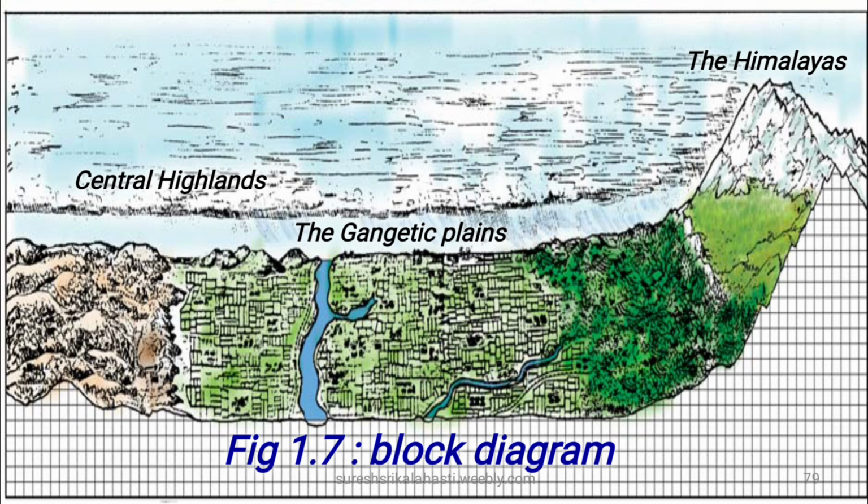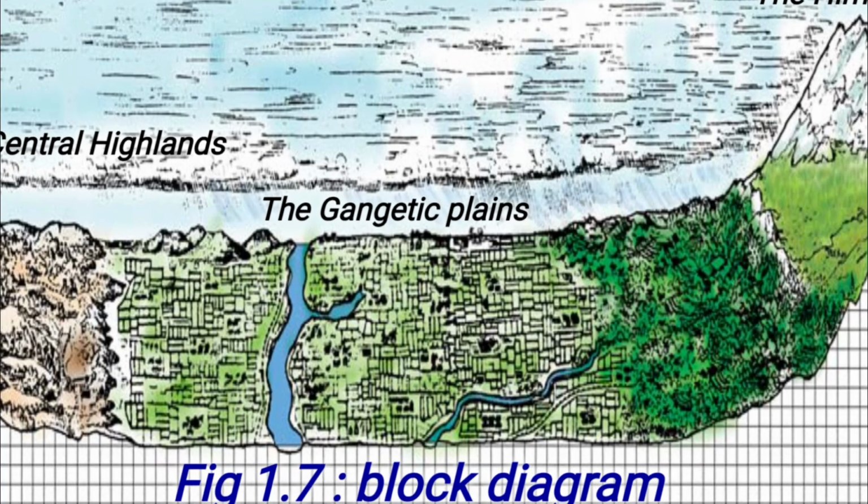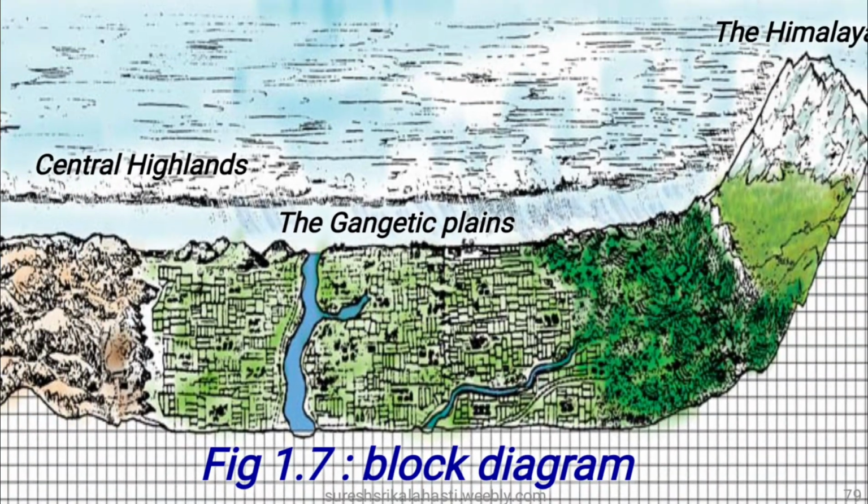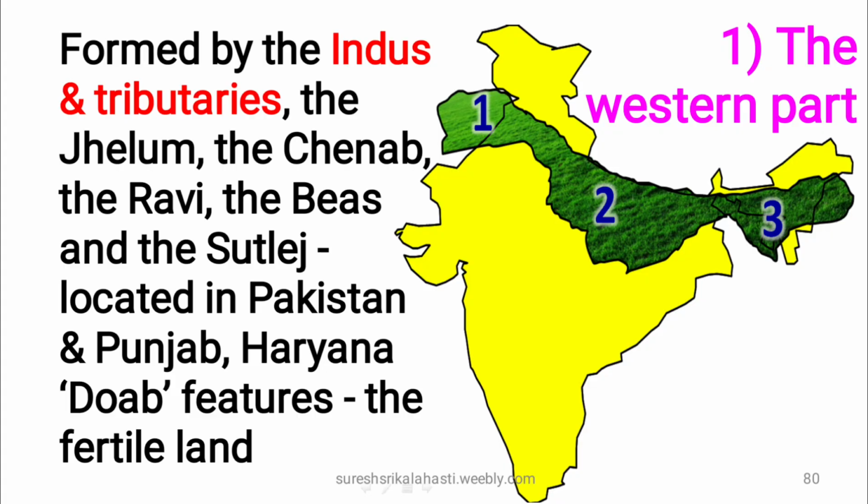See here the Himalayas, Indo-Gangetic Plains, and how the Indo-Gangetic Plains are there. So these are Indo-Gangetic Plains formed by the Indus and tributaries.